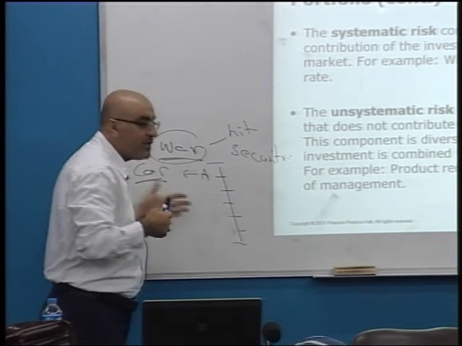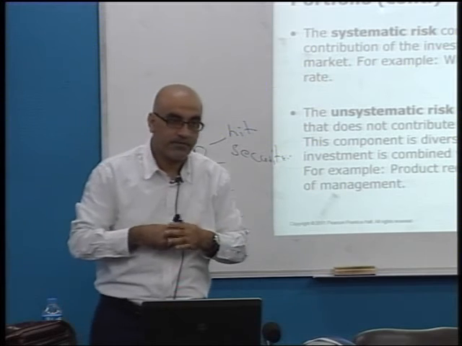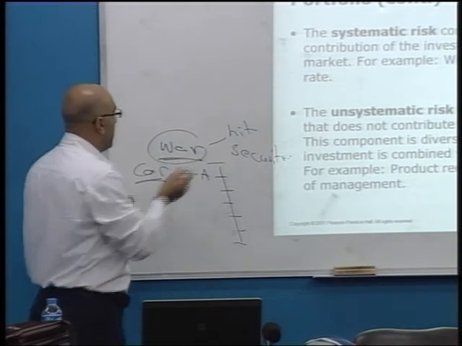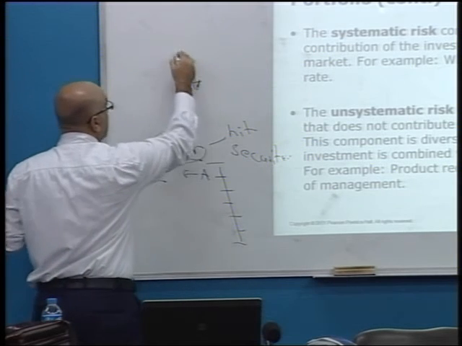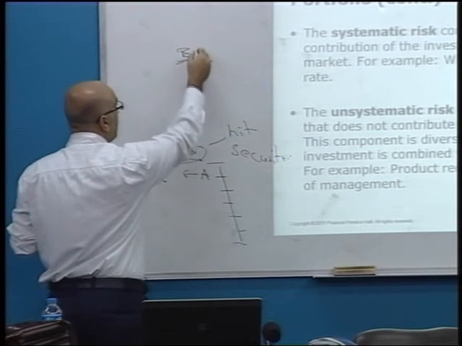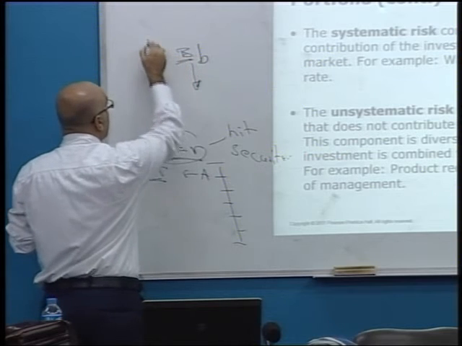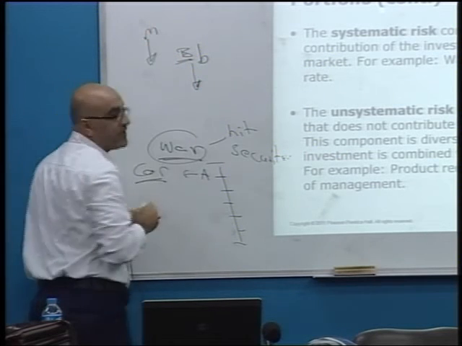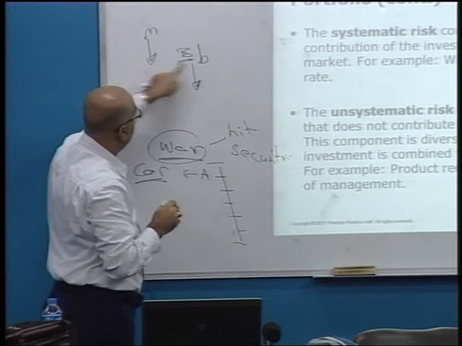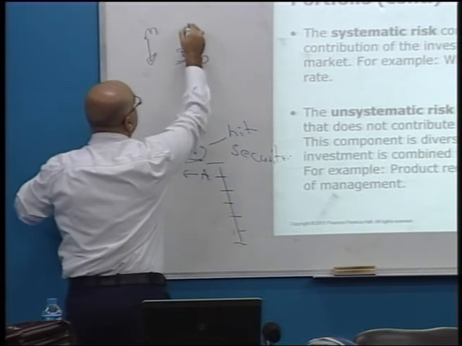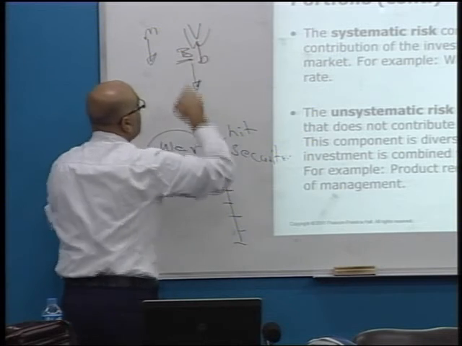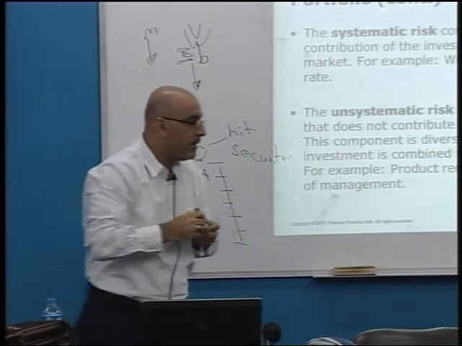So the stocks of the car industries will decrease, so their beta will decrease. Why? Because the market decreases, and the beta of, let's say, Volkswagen, for instance, decreases.